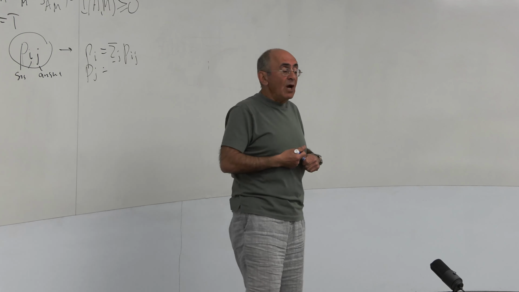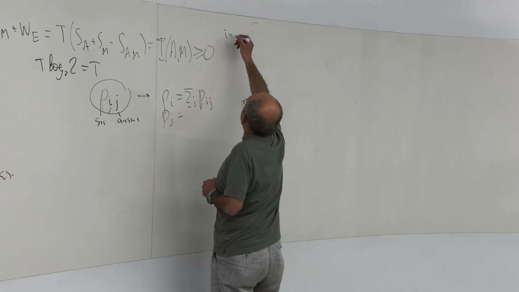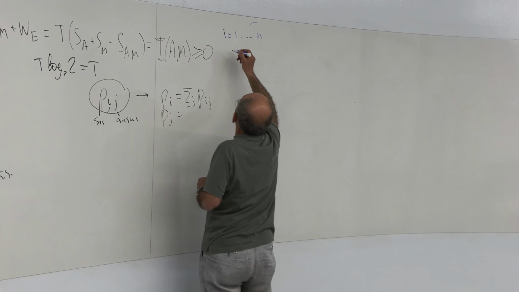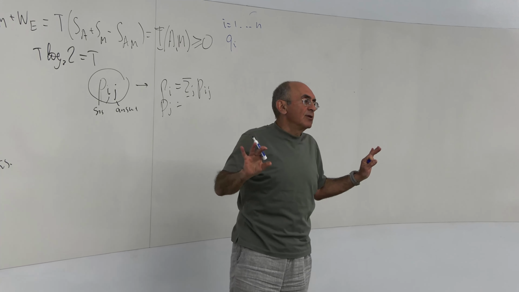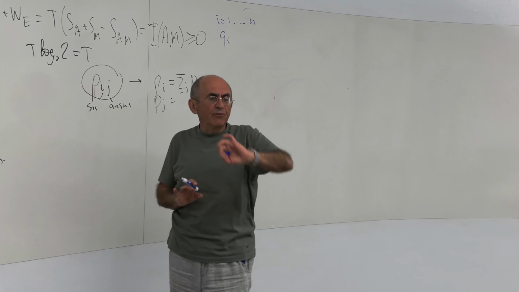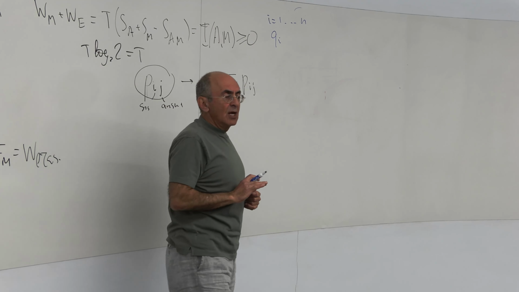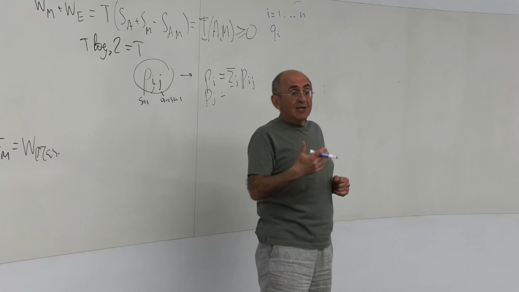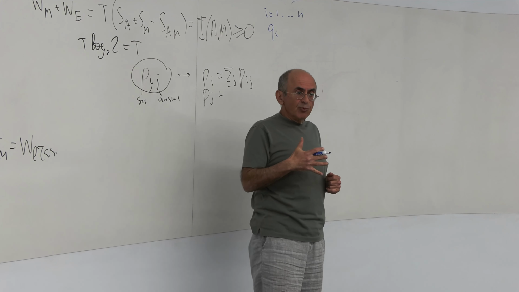Okay? Now imagine that again you're in the same situation, you have i from 1 to n, and your hypothesis is the Qi's. So you guess the probability. You say, I believe that the probability of an event i, or level signal i, is Qi. How many experiments do you need to support or to reject this hypothesis?